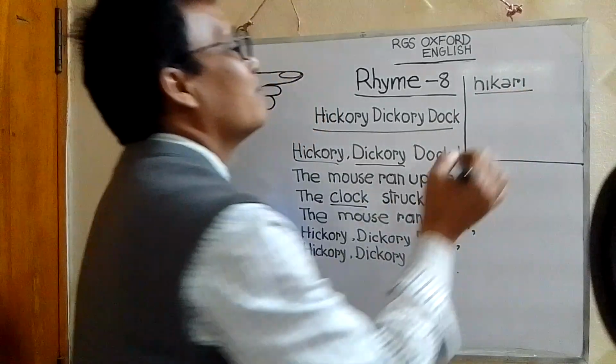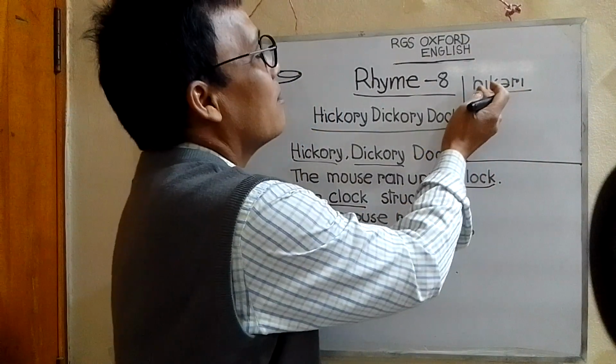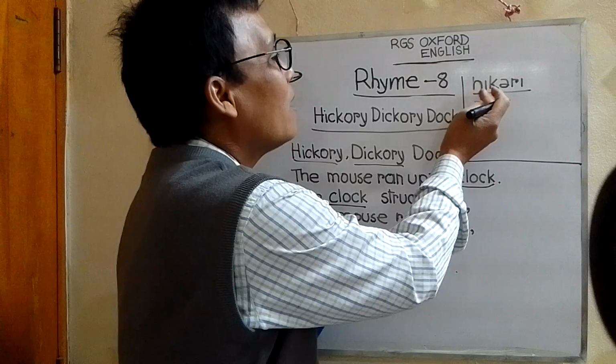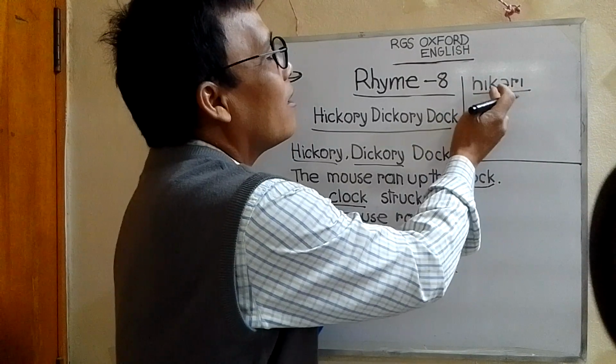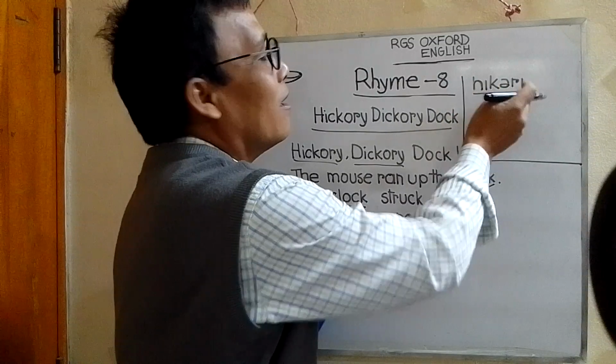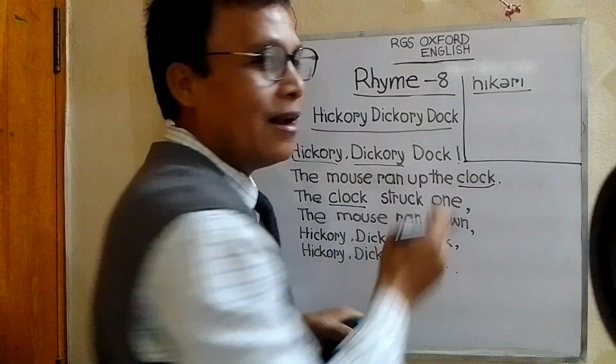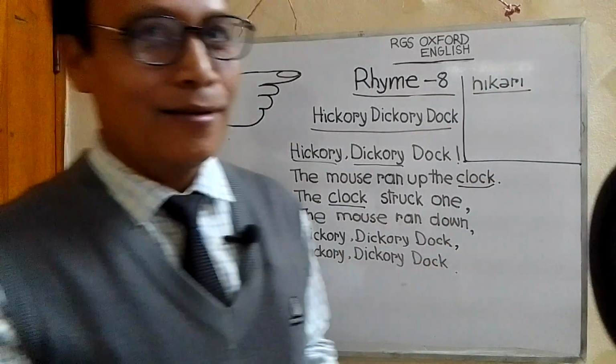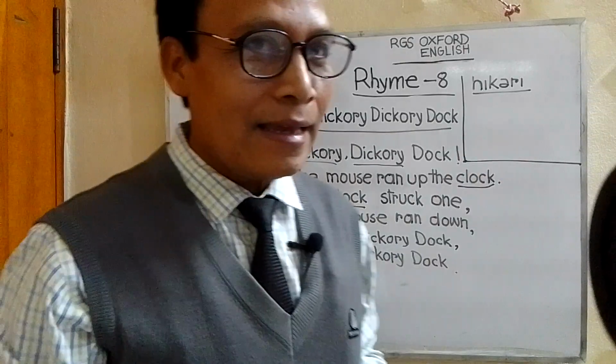This is the symbol. This is H, ha, e, a, ka, a, ra, e. Hickory. This is Hickory, not Hickory. It is Hickory.